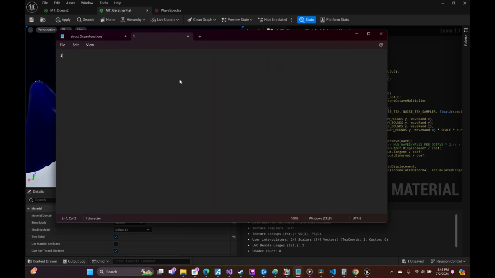So if we have 100 waves and we have 10 in an octave, and our octaves are 0.5 each time, and let's say the steepness contribution is 1 baseline, our first 10 would contribute 10 total, our next 10 would contribute 5 total, 2.5, 1.25.